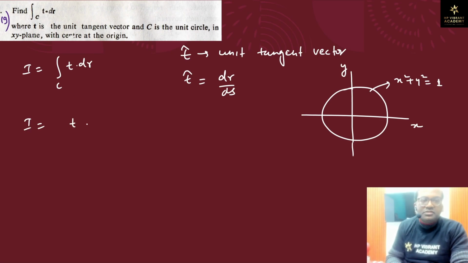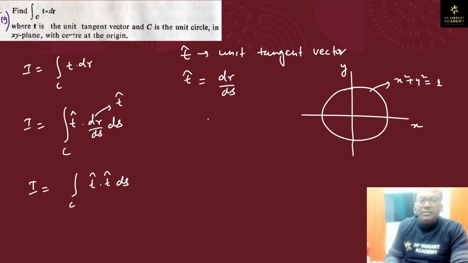So we can write this integral as T dot dr upon ds into ds along the curve C, and dr upon ds is the unit tangent vector T. So I is equal to along the curve C of T dot T ds, and the dot product of the unit tangent vector with itself is 1.